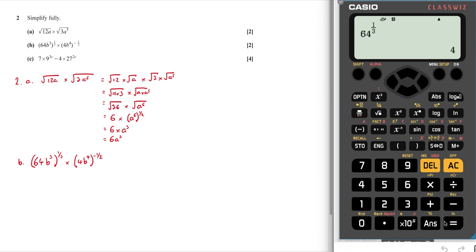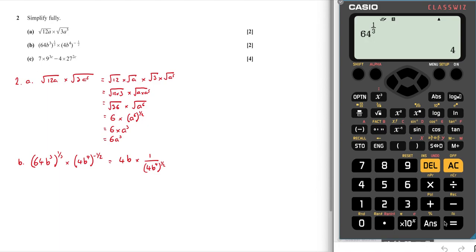I was right, it is 4. So I can pop that in instead, because that power applies to everything in there. So that is 4. b cubed to the third is just b. Times, still with the negative, so I'm going to make it 1 over 4b to the 4 to the half.